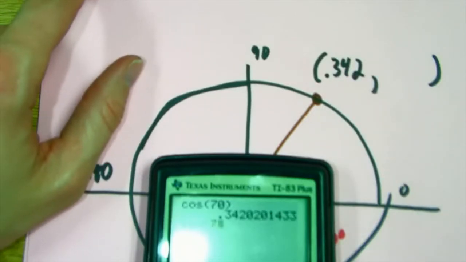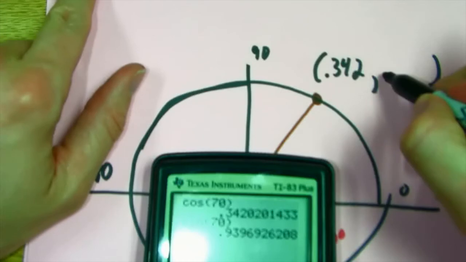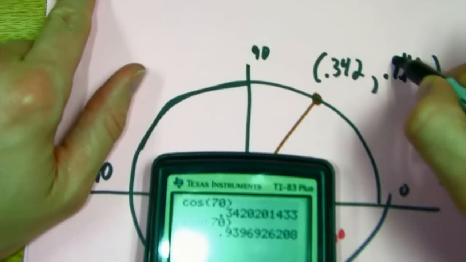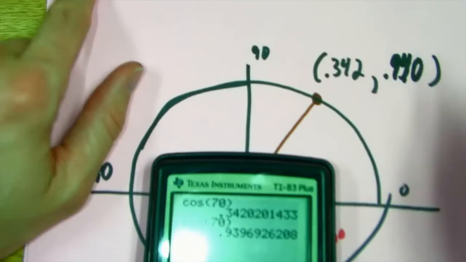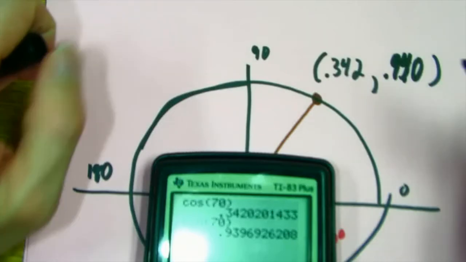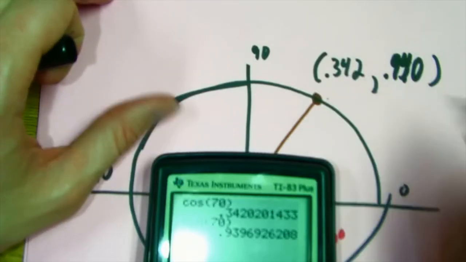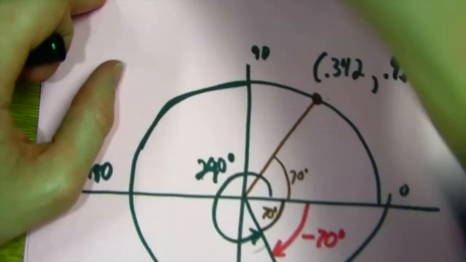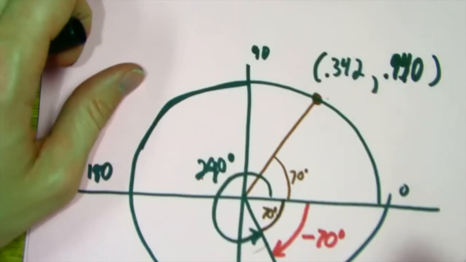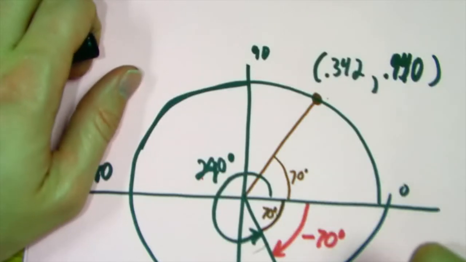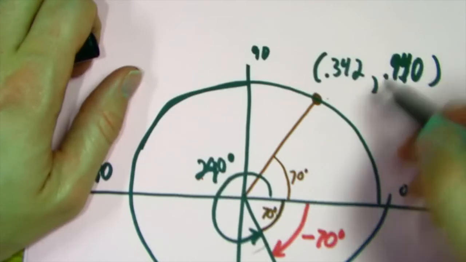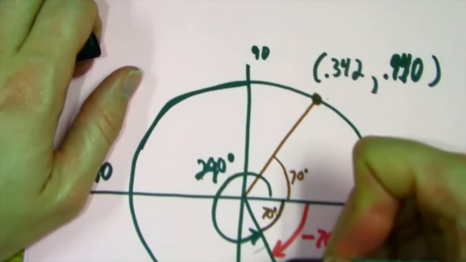If I do sine of 70, that's going to be 0.940, if I were to round to the nearest thousandth. So 0.940 and 0.342. Those are the coordinates of this point. Okay, so then this angle down here at 290 degrees, the one we started with, this point should actually have some similarities to this point's coordinates, because it's the same angle this direction.